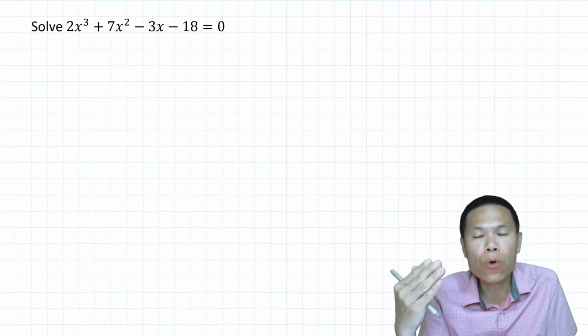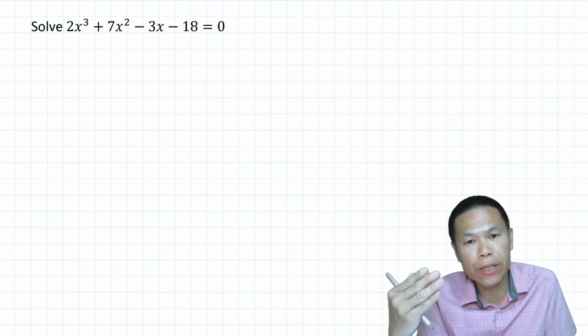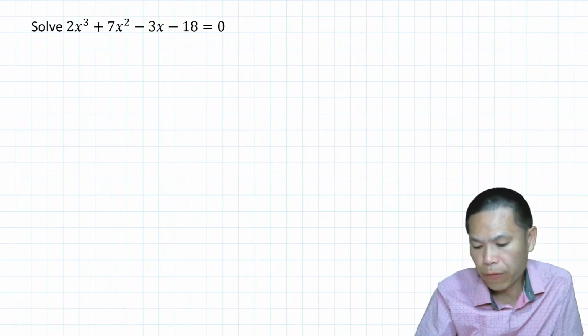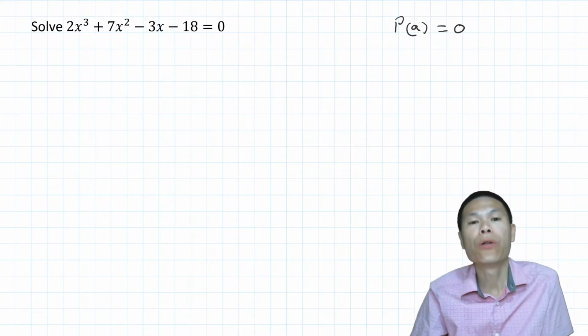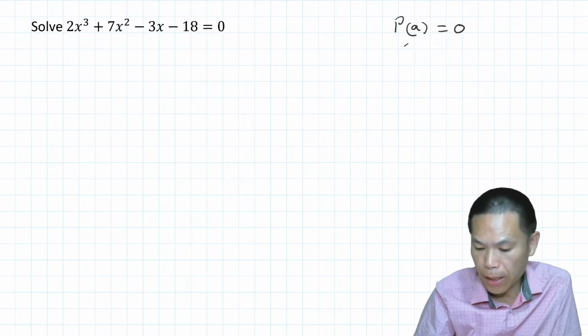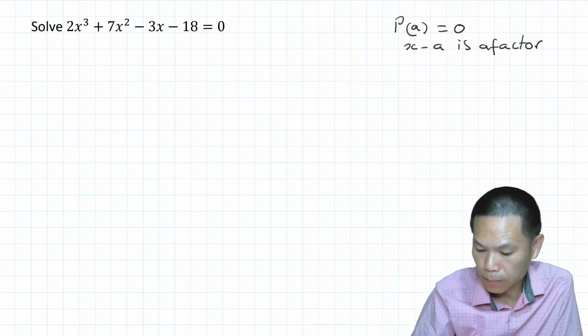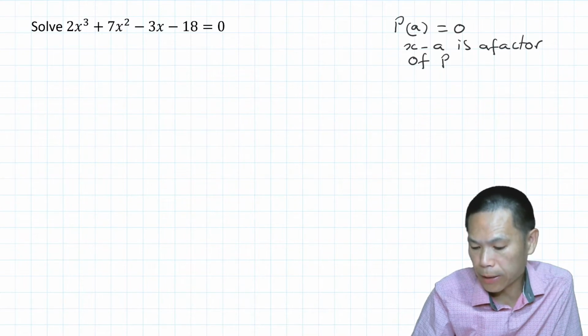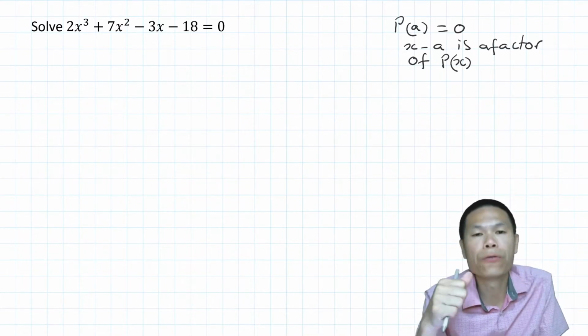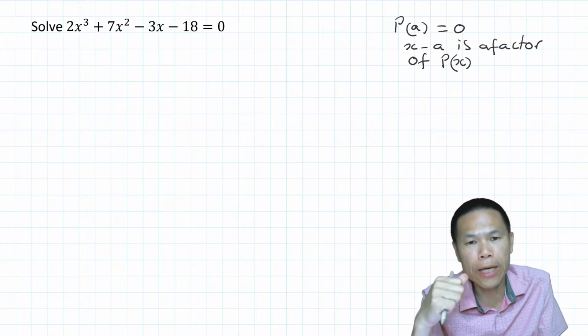Now, first of all, we know from the factor theorem that if P of a is equal to 0, this means that x minus a is a factor of P(x). So the first step is we need to guess a solution.